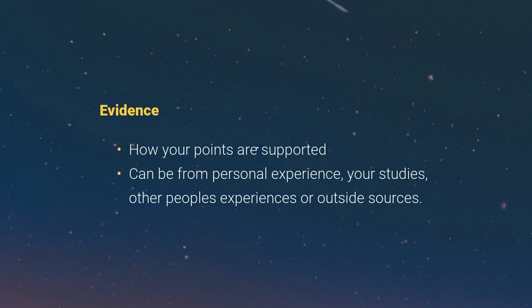Evidence can be of different types, such as the candidate's own experience, their studies, or other personal experiences. It could be clearly constructed arguments, or a student can use evidence from external sources. Take an example.